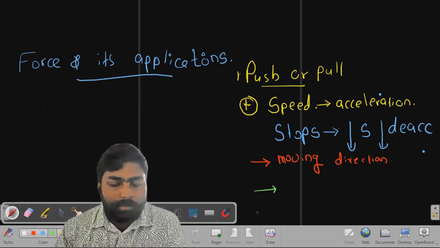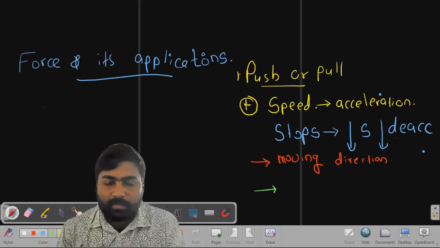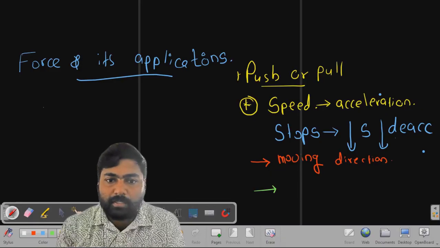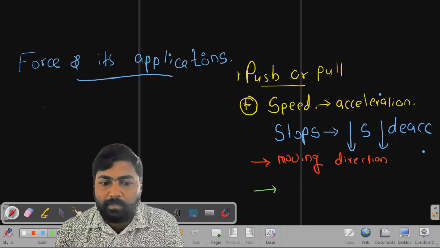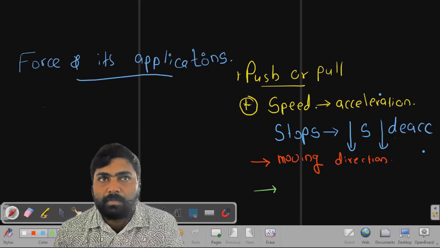Okay, then think like this. You have a rubber ball. What you do is you try to pressure it. Or think you have a sponge. You pressure it. So what happened to the shape of it? It changes.